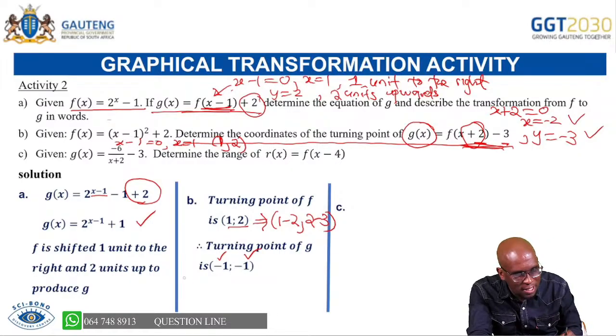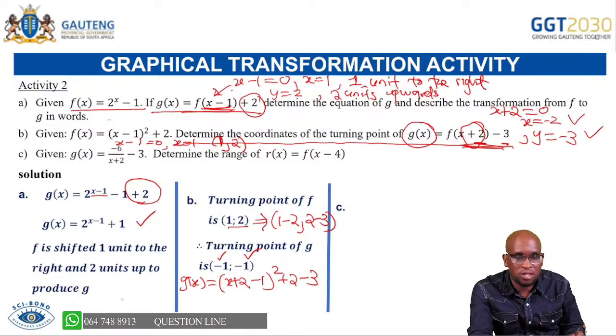Alternatively, we might have to change the equation and say the new equation for G, that would be the alternative method. Where we see x in the original, we are going to replace it with x plus 2 and then minus 1 squared, and then we're going to then subtract 3 from that.